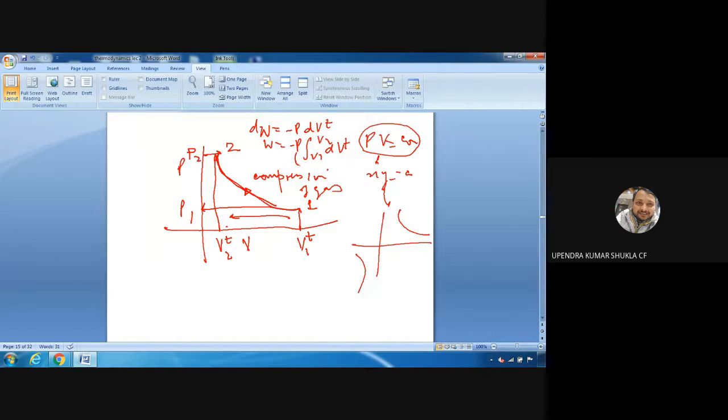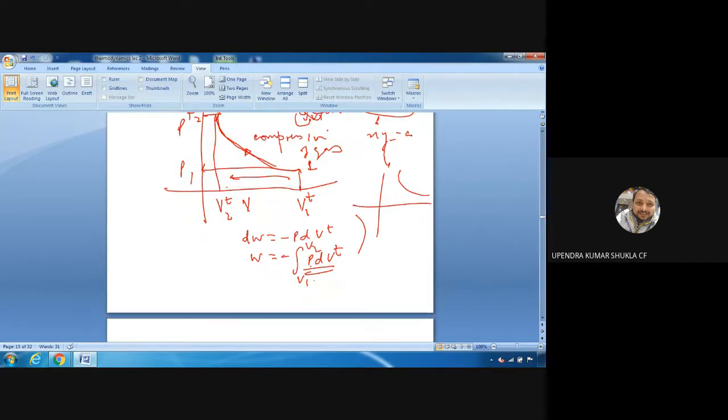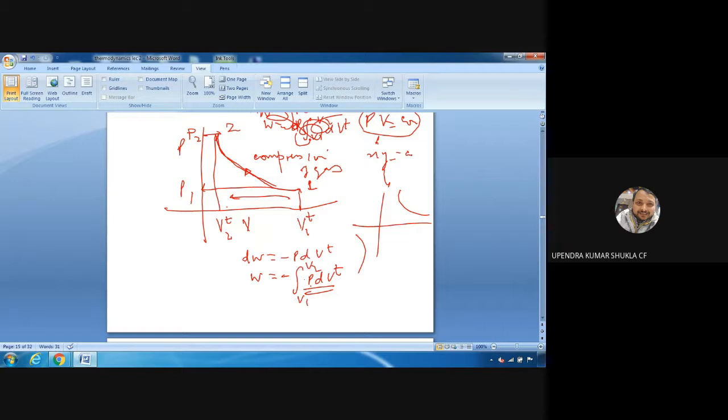Now P you cannot take outside, P will remain inside, you integrate the whole thing like this. Okay, let me make it very clear. So dW is equal to minus P dVt. W you can integrate, so take the minus sign outside, P dVt. Now this is nothing but the area under the curve between P and V, from V1 to V2. So what work will represent?